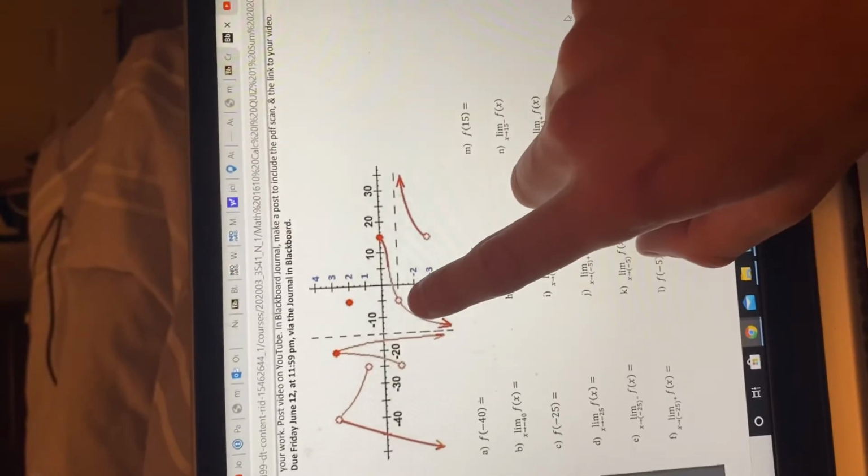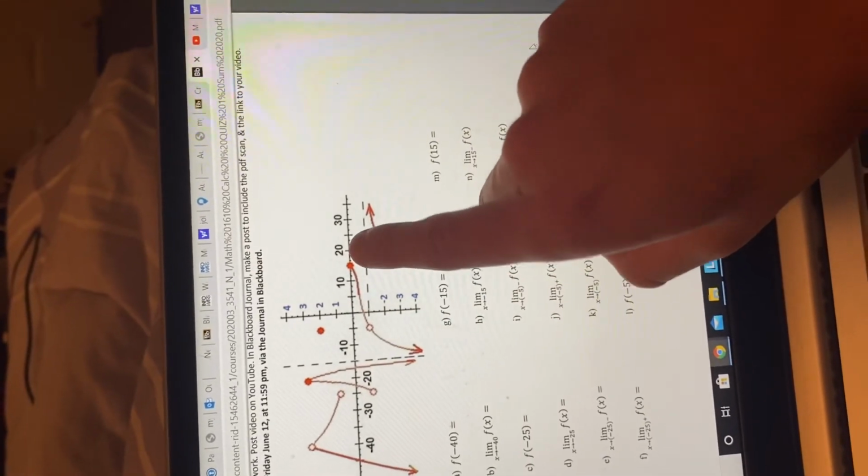For 15, the answer is 0. You can tell right here at 15 there's a point. Approaching 15 from the left is also 0, which is easy to tell. You can just follow the line as you approach it from the left. The two-sided limit is -3.